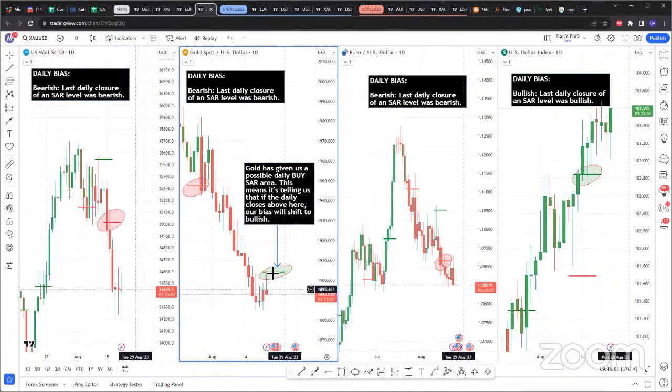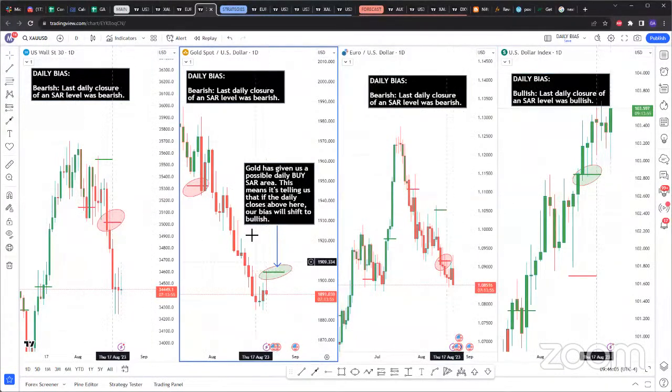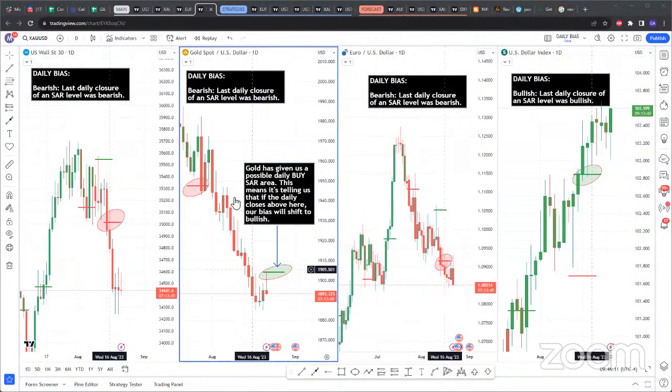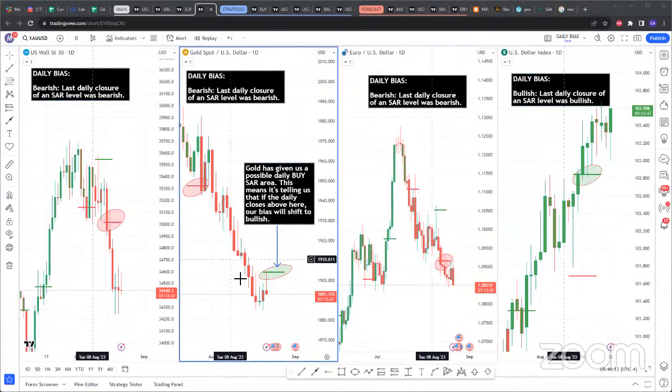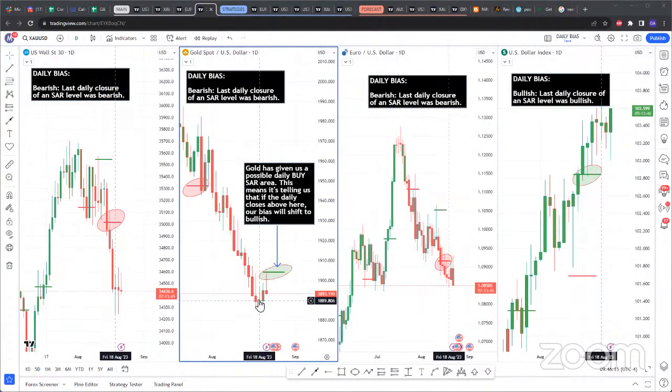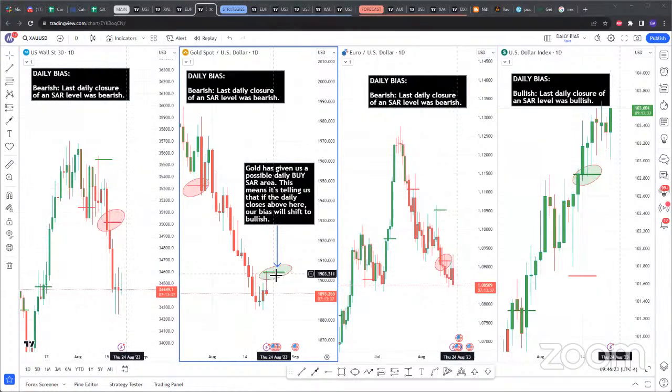Keep in mind, this is another thing I mentioned to you guys last time. SAR stands for stop and reverse. If you're in a sell trend like this, or you've been looking for sells, and you see the opposite being formed, like here, this was a good area to sell gold, 1904.041.